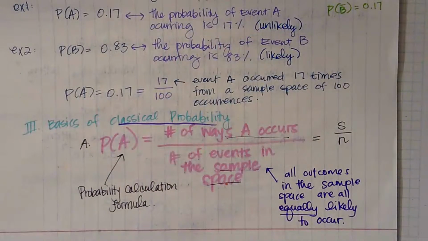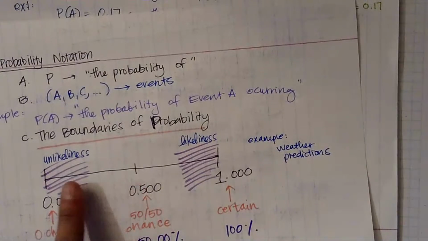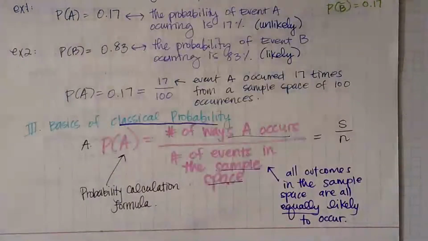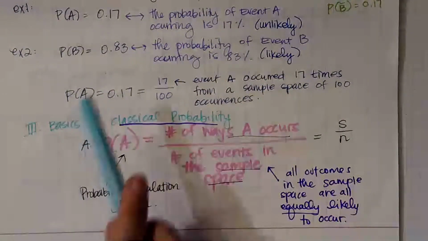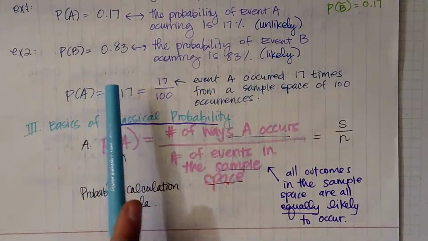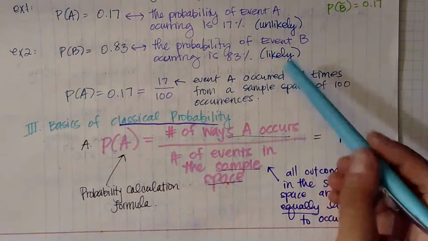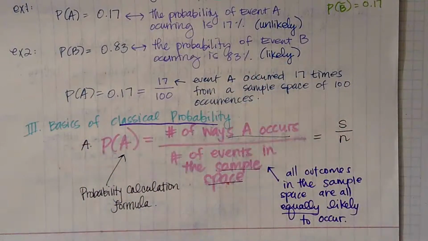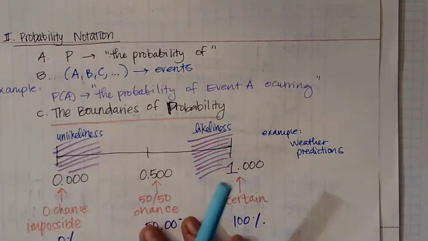Again, if I look back at that range here, 17% is over here, so it's in the unlikely area of that range. Similarly, P of B equals 0.83, which translated into English means the probability of event B occurring is 83%. And 83 is likely because it's in that range over here of likelihood. Okay?